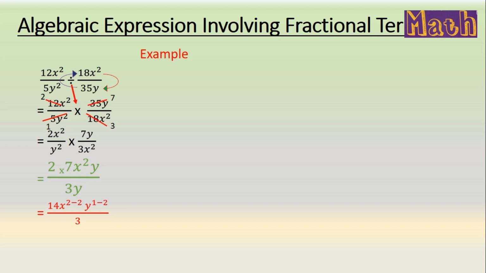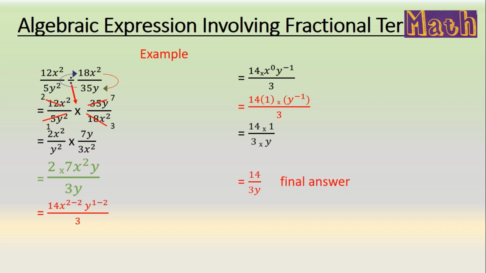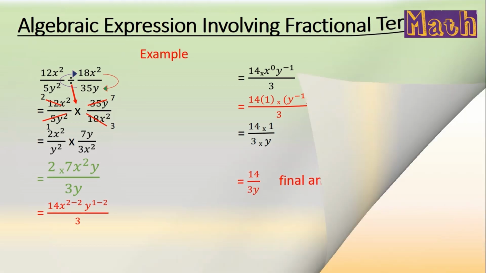So 14 x exponent 2 minus 2, then y exponent 1 minus 2, divided by 3. Then I have 14 times x to the power 0, that is 2 minus 2 gives me 0. Then y exponent negative 1, that's 1 minus 2 gives me negative 1, all divided by 3. Any variable or digit raised to the power 0 is 1. So x to the power 0 gives me 1. So 14 times 1 will give me 14. Then 3 times y gives 3y, so 14 over 3y is my final answer.